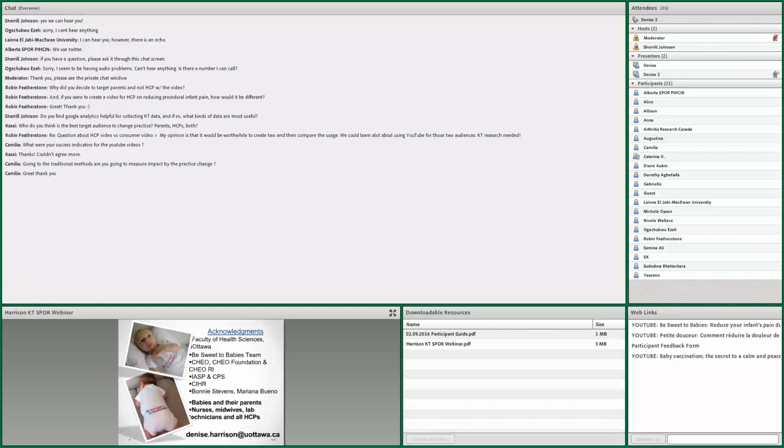Okay, a couple more comments coming through. So going to the traditional methods, Camellia, are you going to measure impact by the practice change? And yes, we actually are.